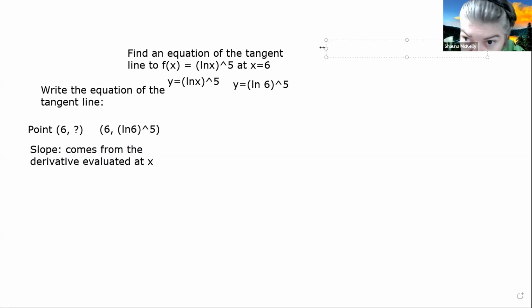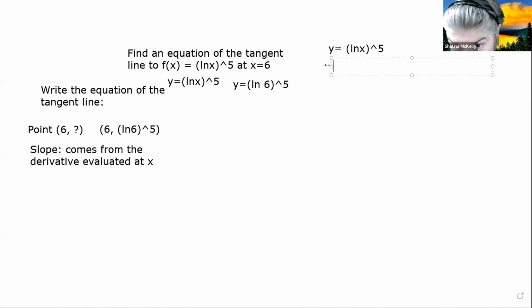We have y equals ln x raised to the 5th power. The derivative is not all that tricky. So my derivative dy/dx, or y prime, either way, is equal to, I'm going to use the power rule here.